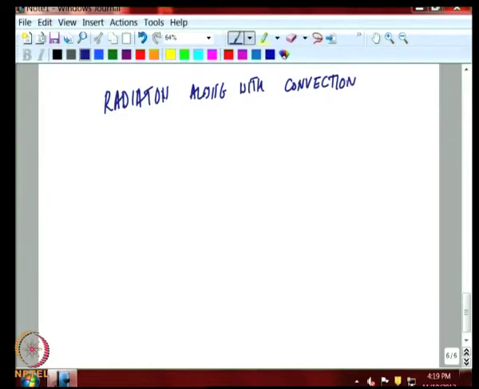Now, this is a more complicated problem than conduction, as you might recognize, because we are talking about a fluid flow problem really.